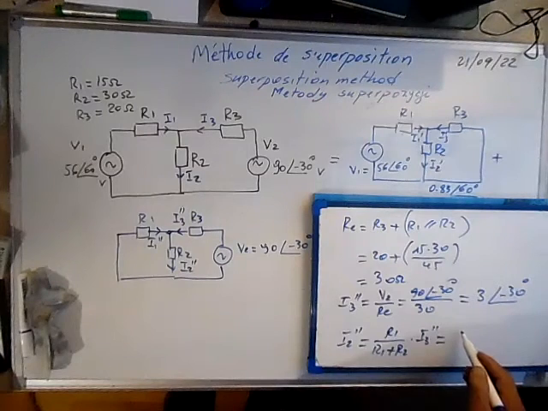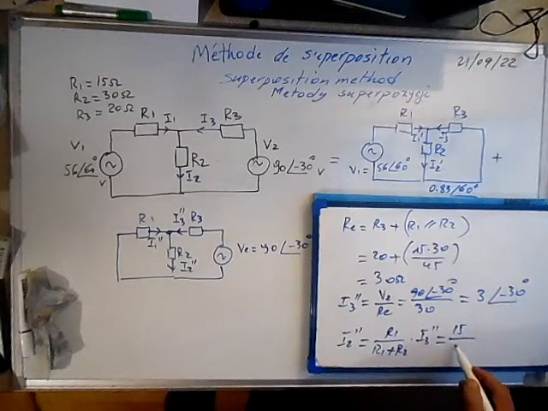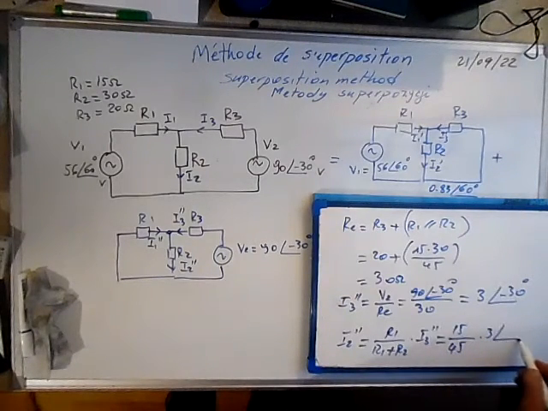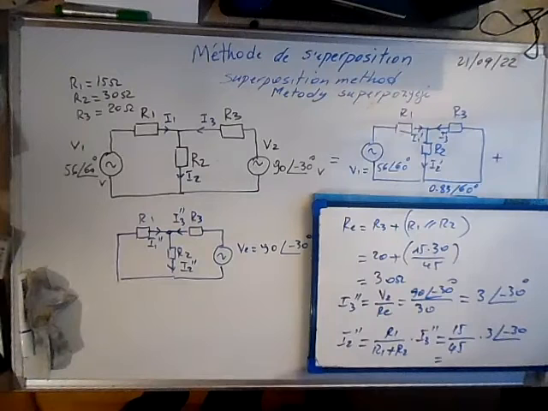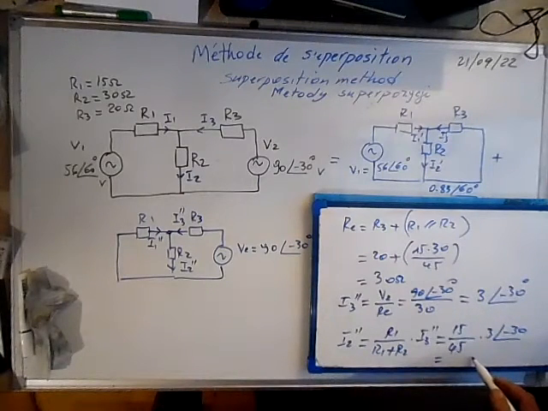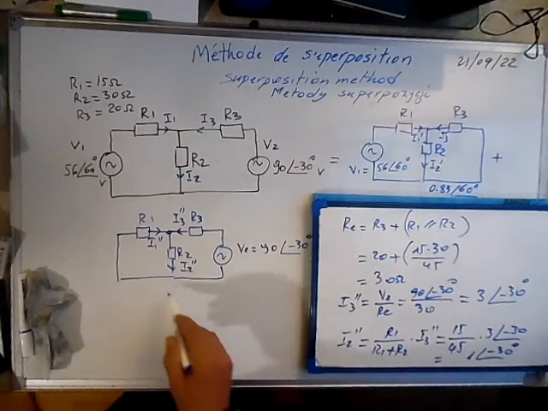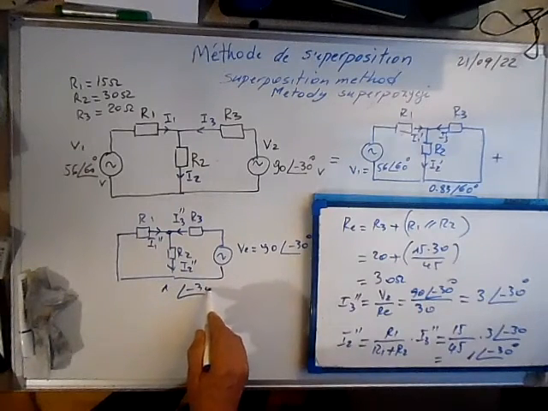So R1 is 15 over 45 times 3 at minus 30, which gives us a value of 1 at minus 30 degrees.